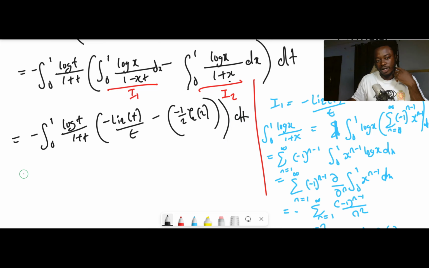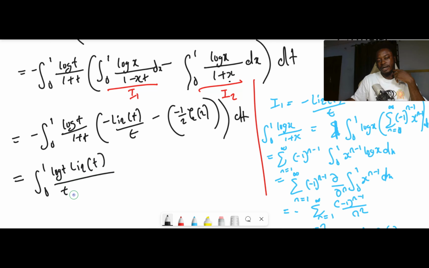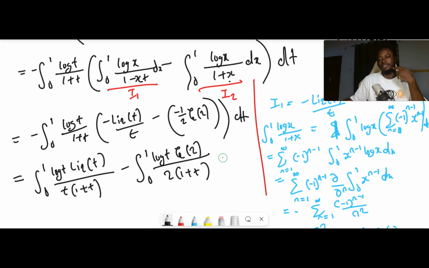So when all is said and done, you would have the integral from 0 to 1 of log t times dilogarithm of t, then you have a t and 1 plus t, and then on this side here you have minus the integral from 0 to 1 of log t times zeta of 2 all divided by 2 times 1 plus t dt, of course.